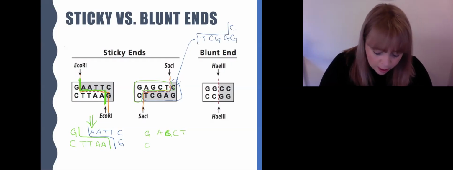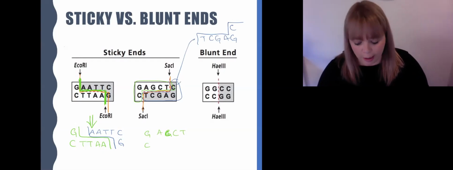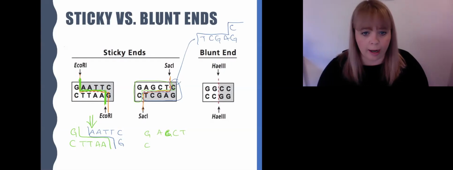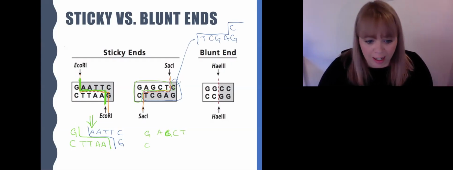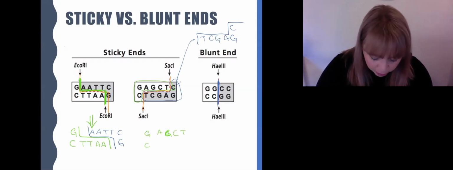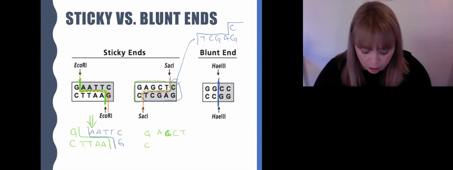So you can see that they have this kind of jagged end. This is really helpful when we talk about why they're needed, which I'll get to in a little bit. The other type of cut that you can make is a blunt end. Literally they just cut the DNA straight down the middle in between 2 bases.